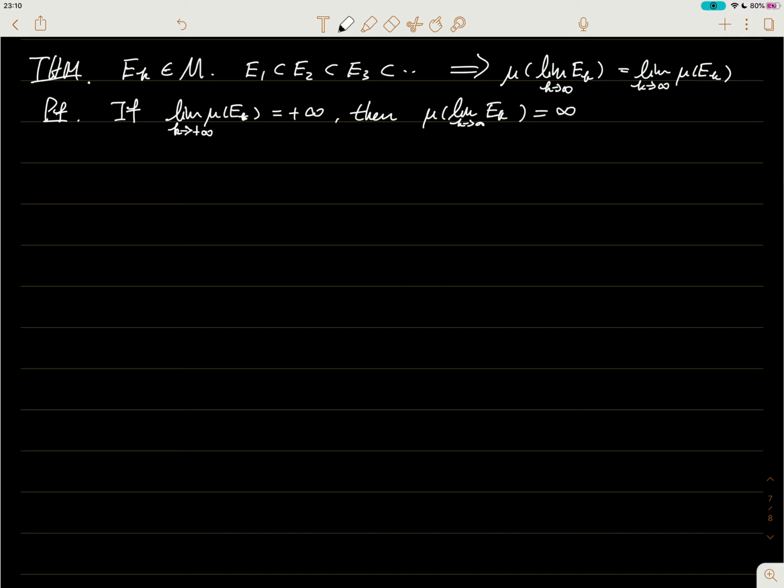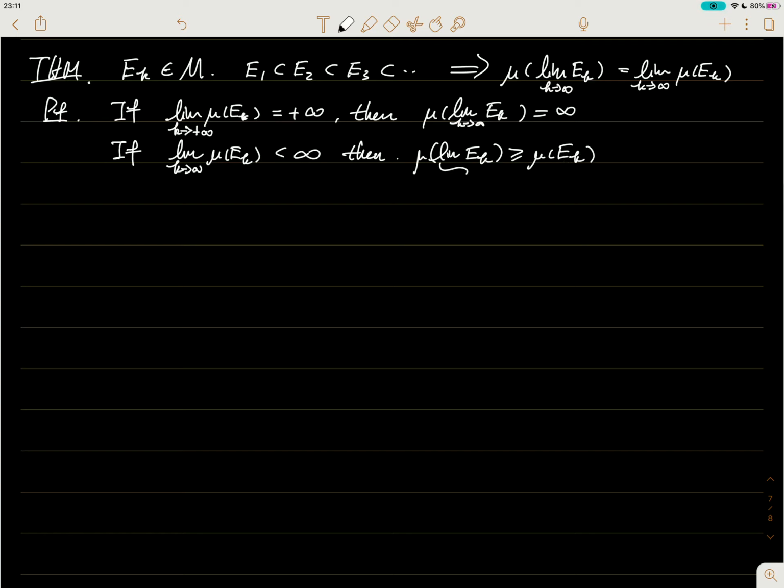So assume now that I'll consider the case that this is not infinity, it's actually finite. Then first we can see that the limit of EK, as we just mentioned, is always bigger than or equal to the individual one.